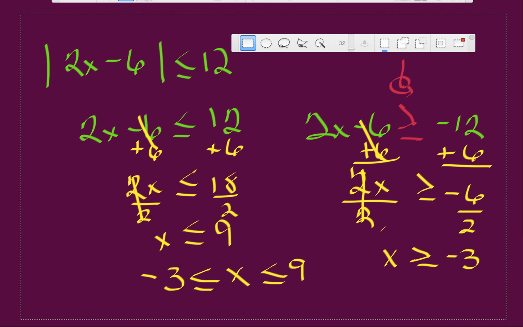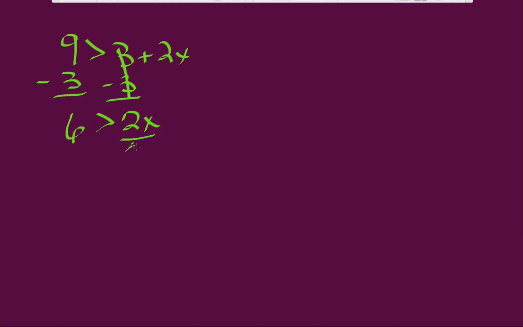That goes away. -3. 6 is greater than 2x. Divide both sides by 2. This becomes 1 lonely little x, and 6 divided by 2 is 3. All right, so this really says x is less than 3, right? Or 3 is greater than x.